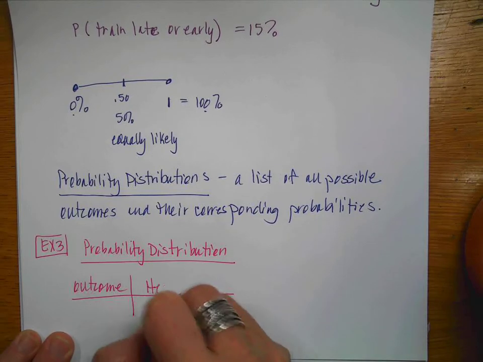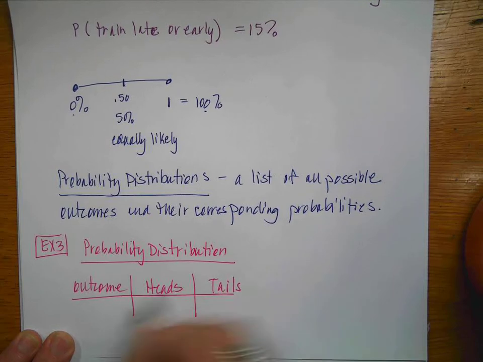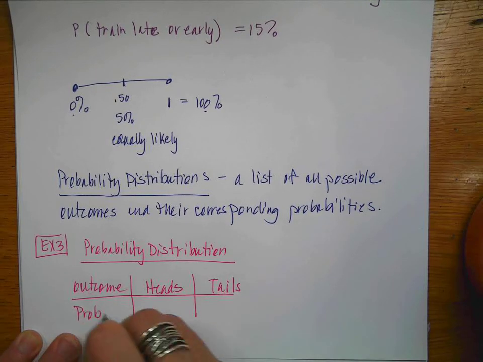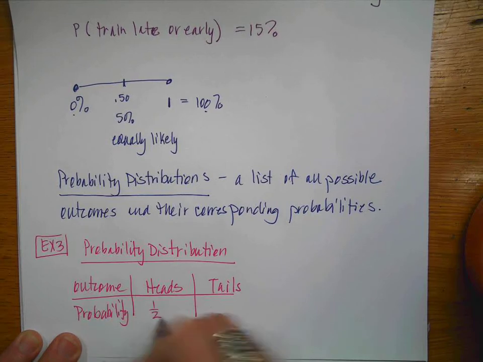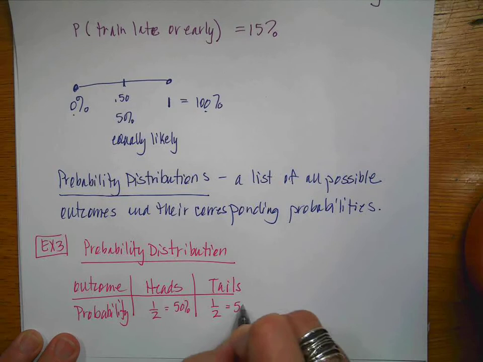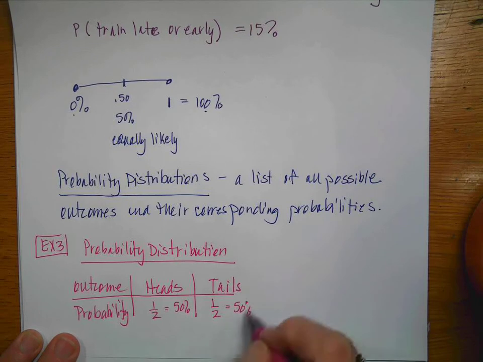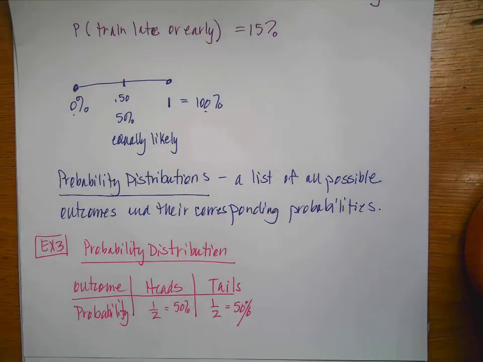So here's our outcome. We could have a heads or we could have a tails, and then our probability is going to be 1 out of 2 and 1 out of 2. So that would be our probability distribution. So sometimes you'll see these with the actual percentage in here. Remember that our probabilities are going to need to add up to be 100%.